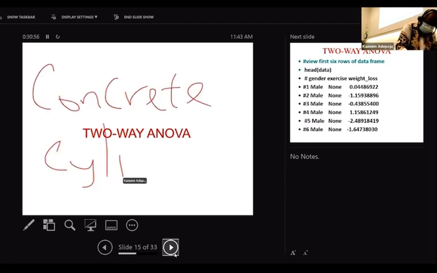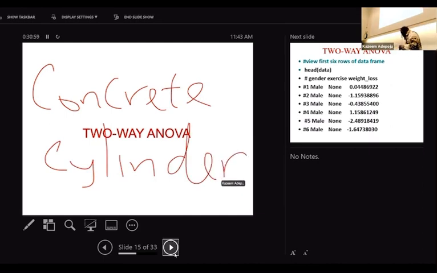This concrete cylinder is to be used for bridge support. This is what you are manufacturing.